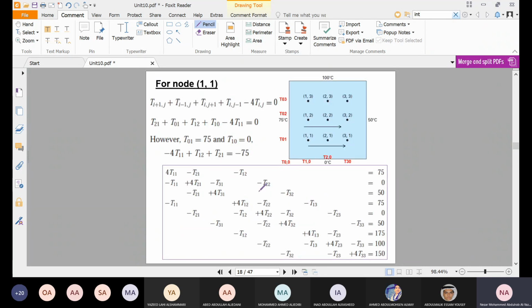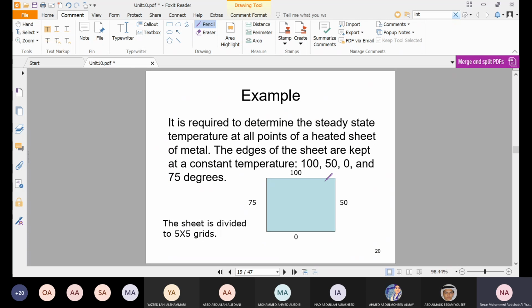After that, we put them in matrix form, and then using the temperature of the known nodes, which are constant here, here, here and here, we substitute in the equations to get a matrix of unknown equations. After that we use any Gaussian elimination to find the solution of these temperatures. This is the direct method that we use to find the temperature of the internal nodes for elliptic equations.